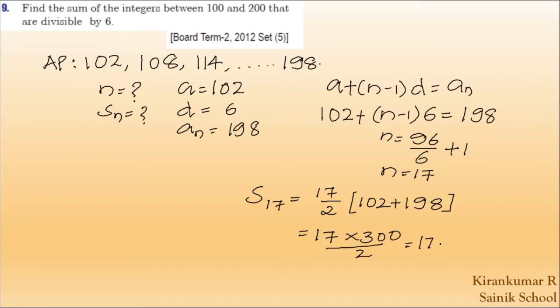So 17 multiplied by 150. This will be 2550. Therefore, the sum of integers between 100 and 200 that are exactly divisible by 6 will be 2550.